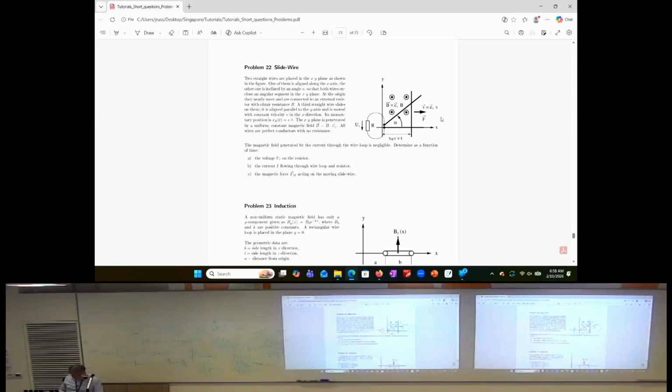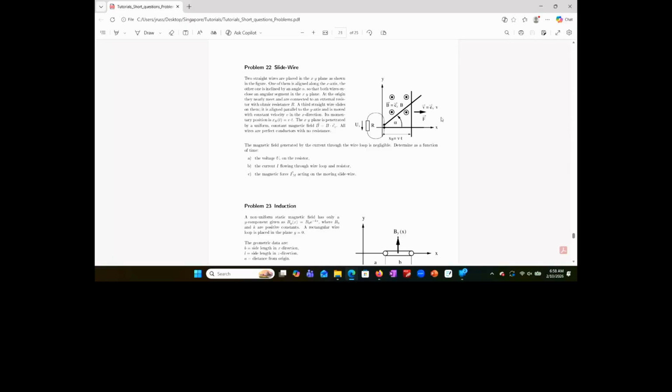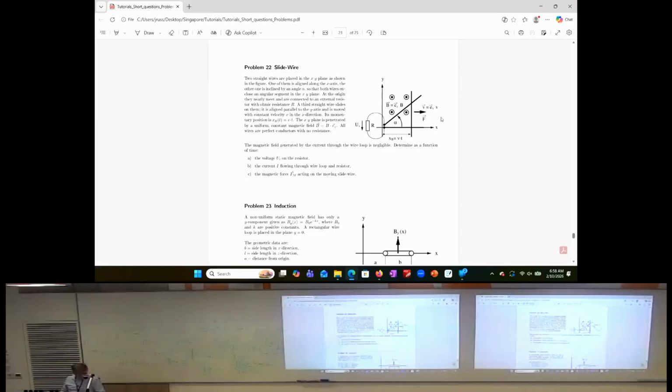And what is the voltage induced? That is obtained by taking minus the time derivative of the flux, where phi is the magnetic flux. We obtain that by taking the integral over the now time-dependent area of the magnetic field times the differential area element.